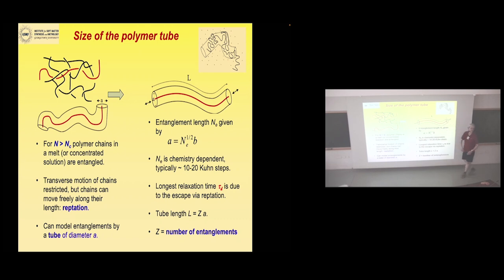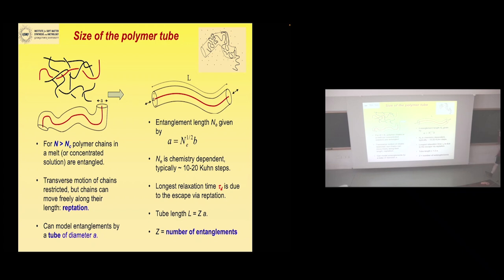Depending on how bulky the polymer is and how flexible it is, there will be a particular tube diameter. There have been a lot of attempts to come up with theories, but at the moment that's just something we have to take for granted. It's typically 10 to 20 Kuhn steps. Remember I said if you're about 15 Kuhn steps or longer, the random walk becomes a Gaussian chain, so we're going to describe everything as a Gaussian chain.